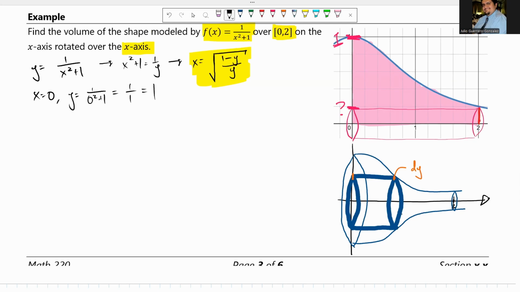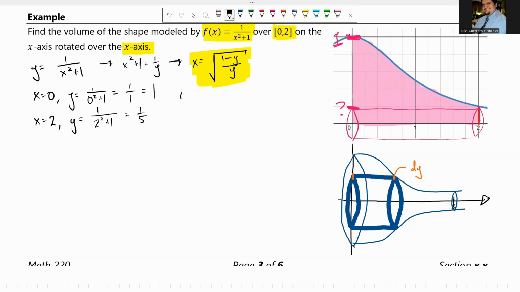Make sense? If x is equal to 2, we do it again. Y is equal to 1 over 2 squared plus 1, which is equal to 1/5. Does that make sense? So what we just did is this.